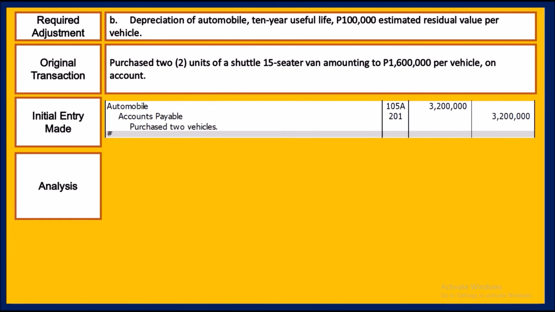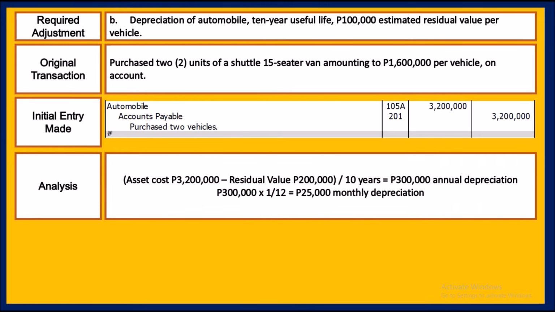We will be using the formula for straight line depreciation. Asset cost of 3,200,000 minus residual value of 100,000 per vehicle, and there are two, so 200,000. So 3,200,000 minus 200,000 gives us a depreciable amount of 3 million pesos, divided by 10 years, which gives us 300,000 annual depreciation.